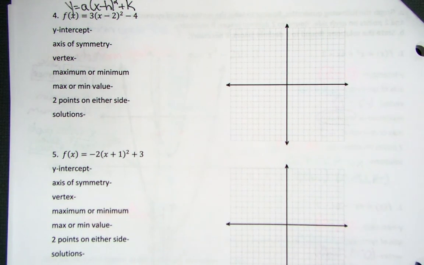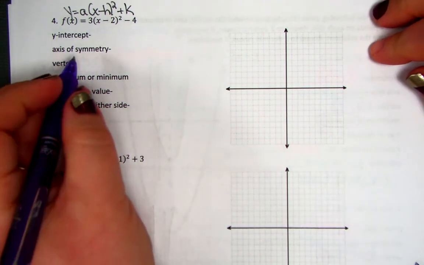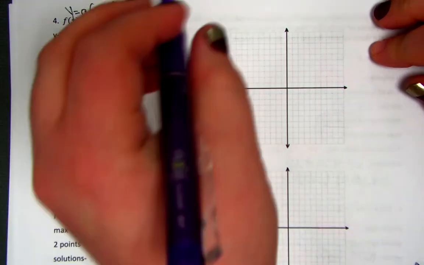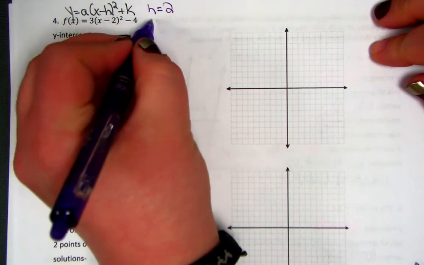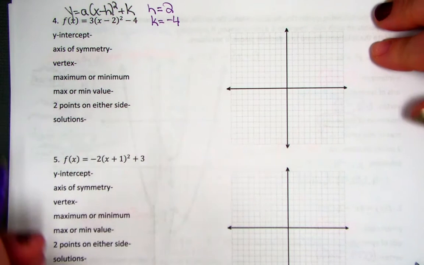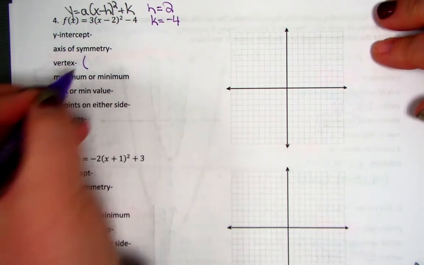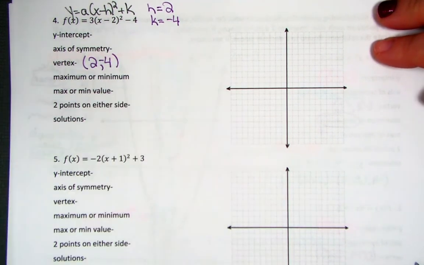So our vertex in this case would be (h, k). H is always the opposite of what it appears to be. So h in this case would be 2, and k is the same sign of what it appears to be, -4. So our (h, k) would be (2, -4).